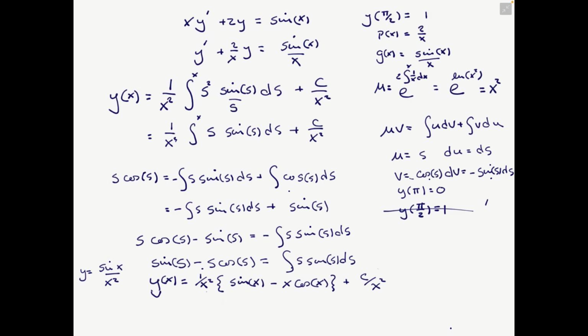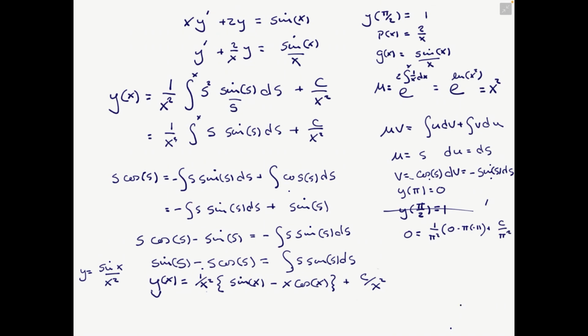So we have 0 equals 1 over pi squared times 0 minus pi times minus 1 plus c over pi squared.